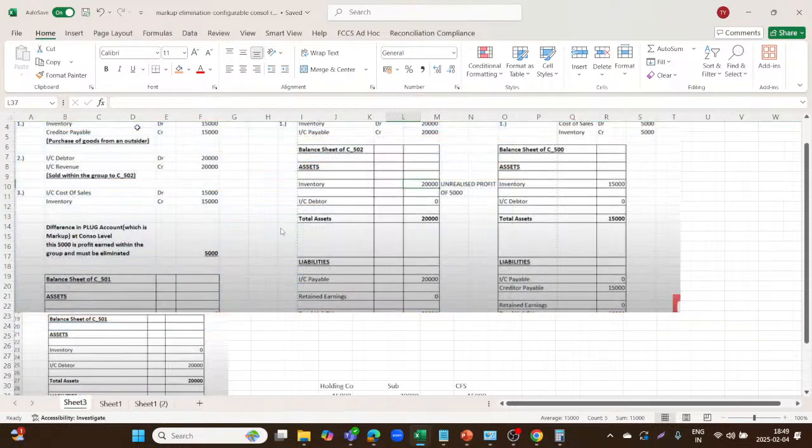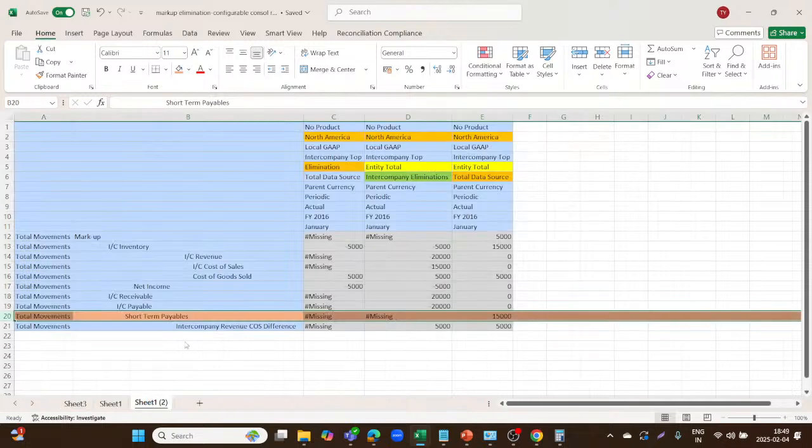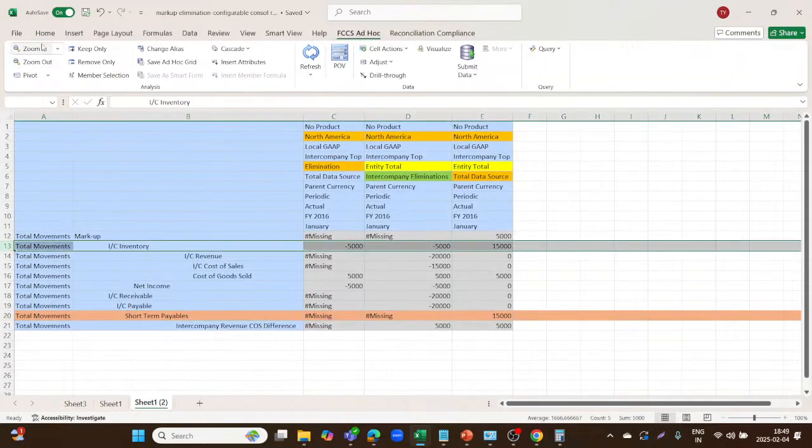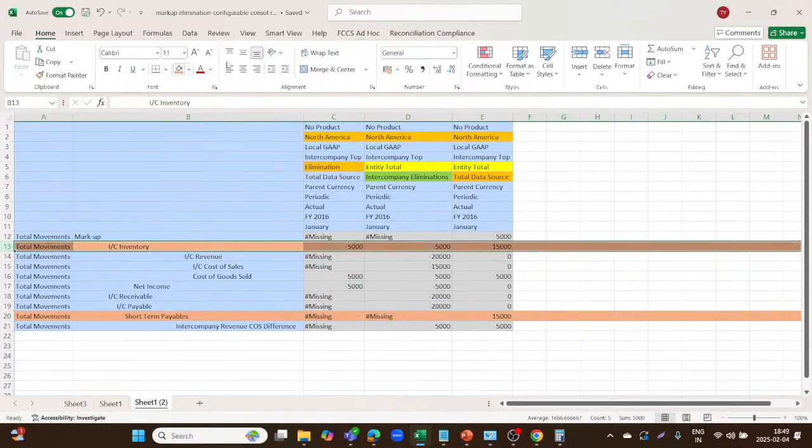And you have an inventory amount of 15,000. So the inventory amount of 15,000 at the consolidated financial statement is at the top level for entity total, data source, parent currency, everything selected as top member. So intercompany inventory is 15, short-term payable is 15.